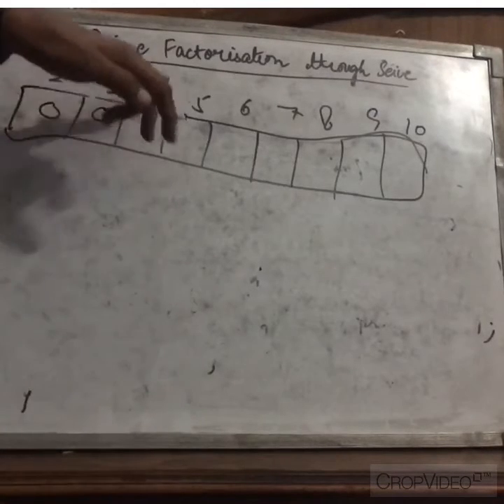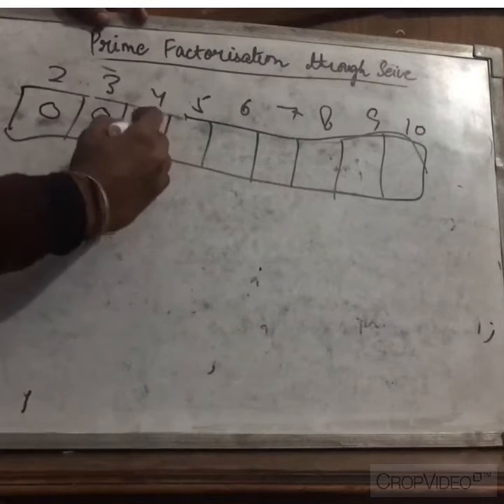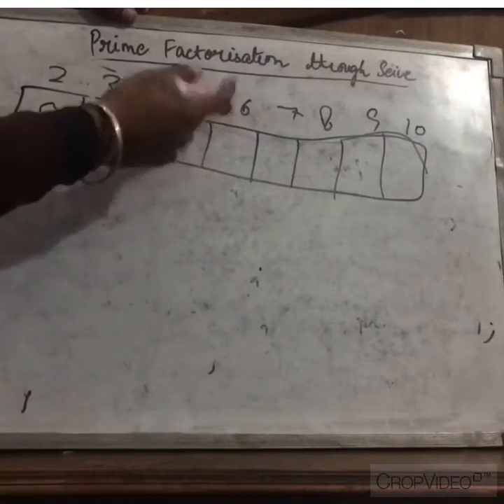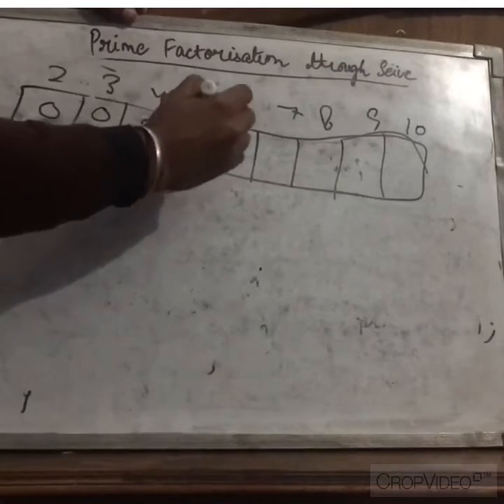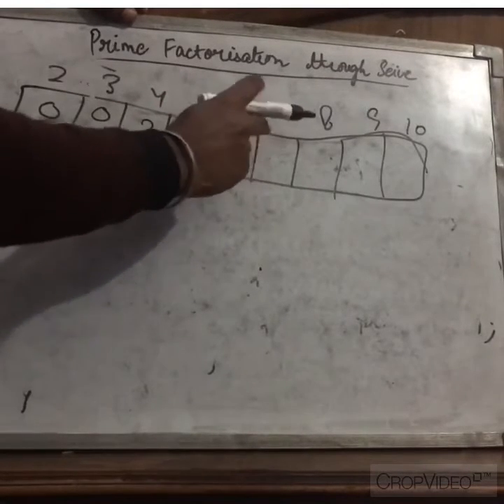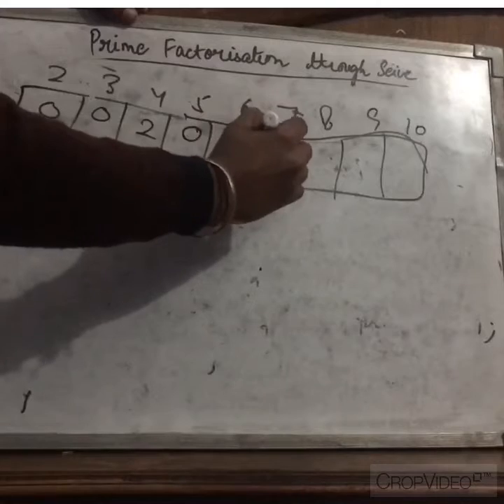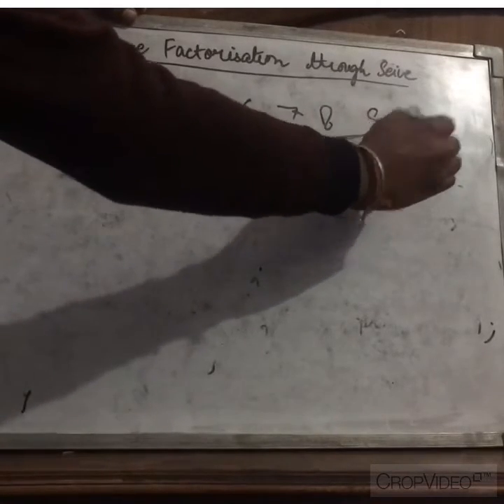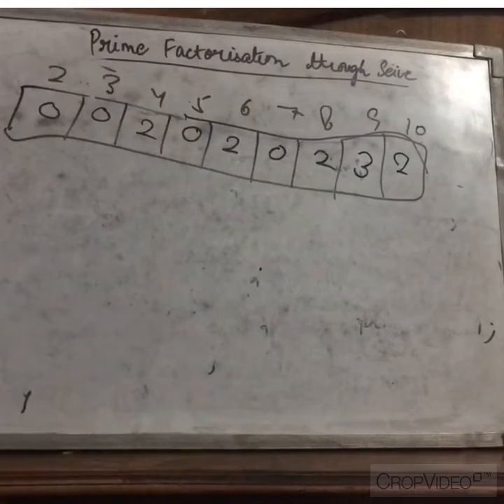What is the minimum prime factor of 4? It is 2, so I will store 2 here. 5 is a prime number, so 0. 6 has 2, 7 has 0, 8 has 2, 9 has 3 and 10 has 2. Let us see how it will help in calculating all the prime factors.